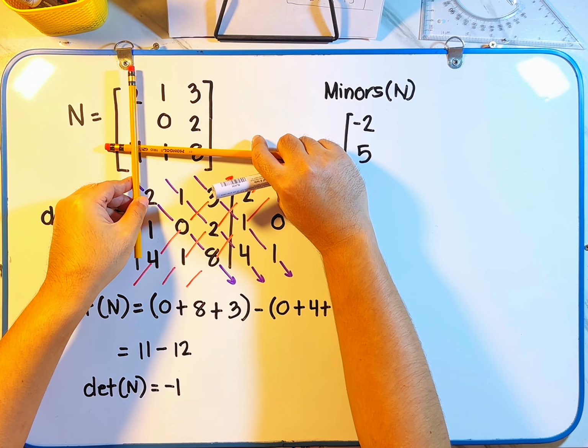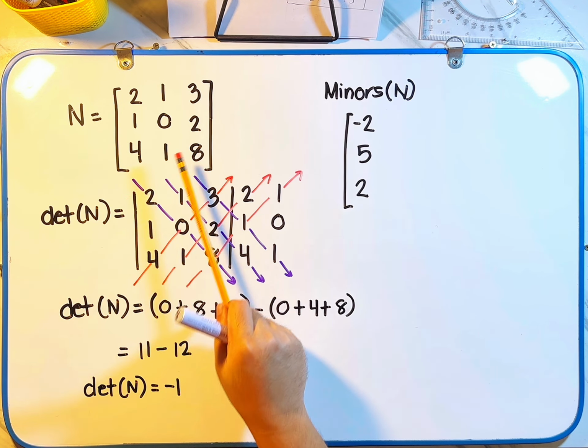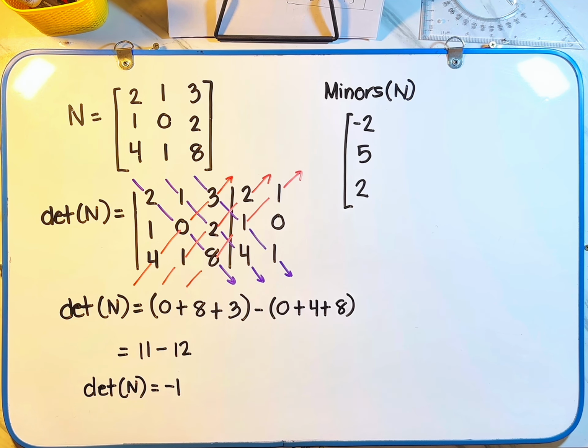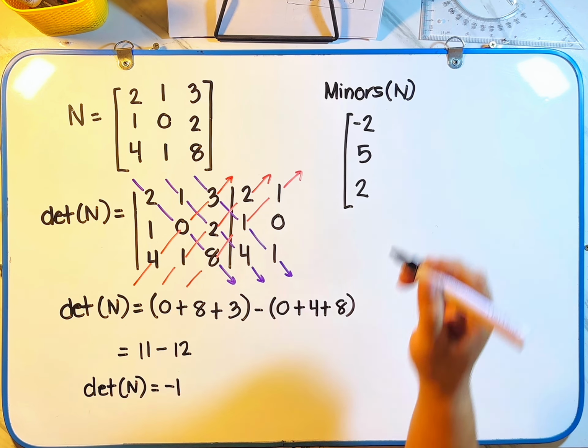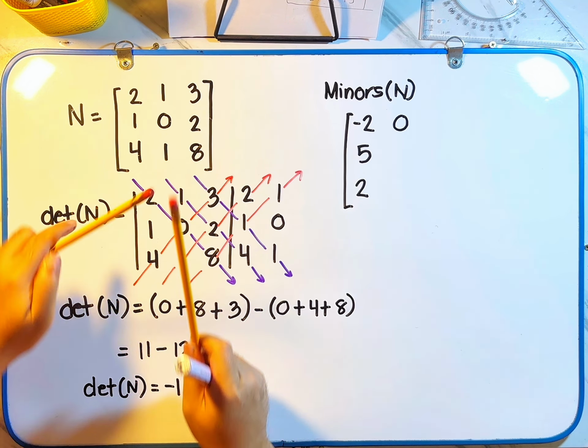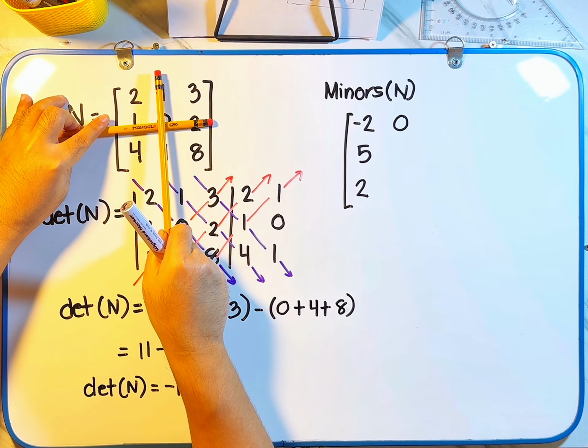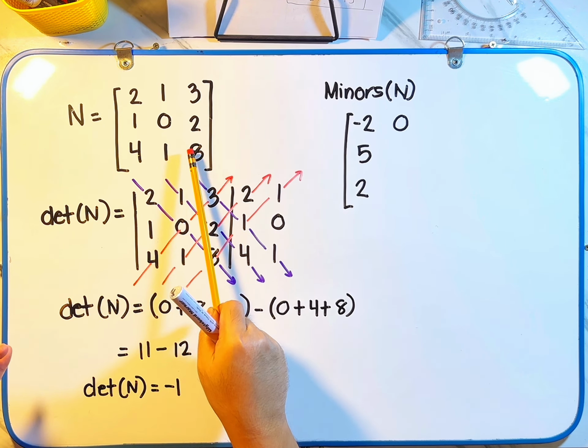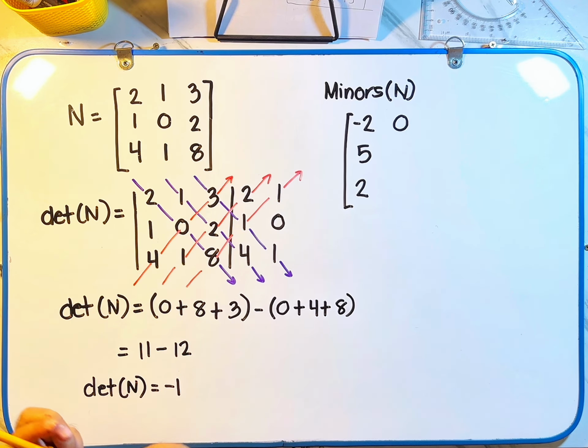Next, the element in the first row, second column, we have these 4 elements. Find the determinant. 1 times 8 is 8, 4 times 2 is 8, and 8 minus 8 is 0. So next, the element in the second row, second column. So 2 times 8 is 16, 4 times 3 is 12, and 16 minus 12 is 4.